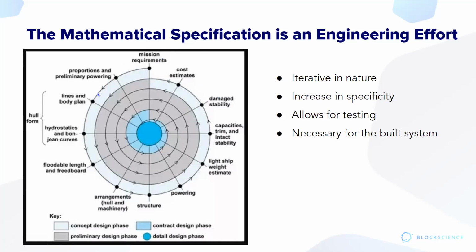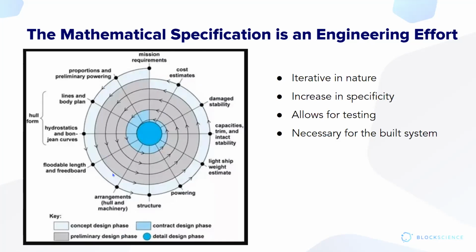So this concept design phase we'll match to the concept math spec I'll be going through here. Keep in mind that we really consider it that first pass, getting a rough idea of everything that would entail that system.